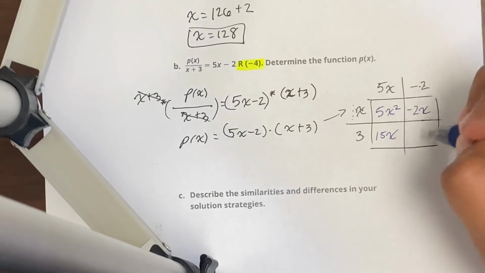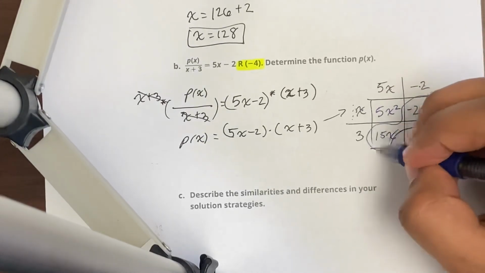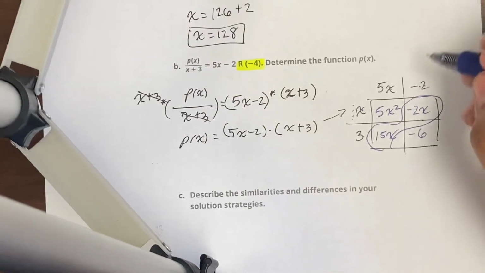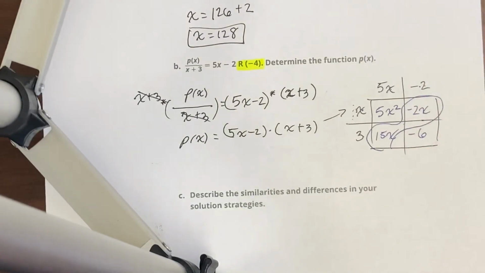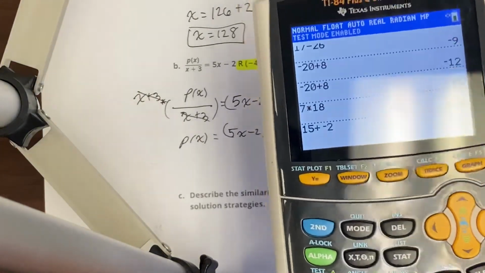And 3 times negative 2 is negative 6. These guys are all x's. We add across. 15 plus negative 2, 13.